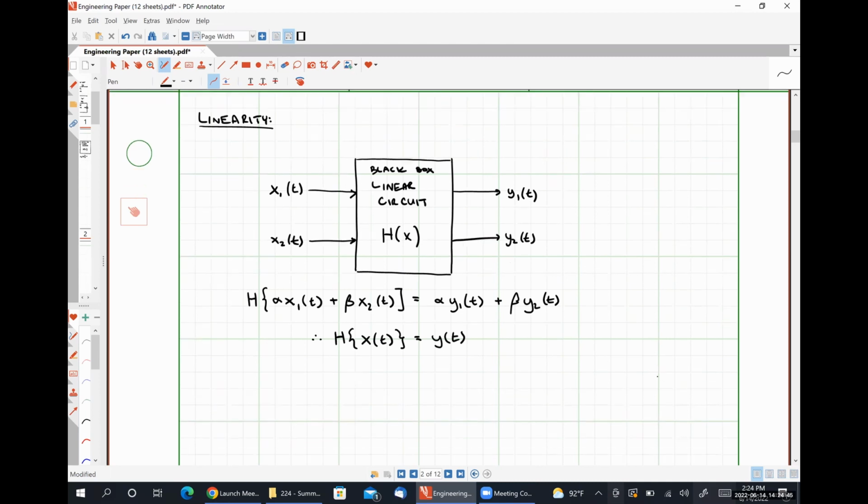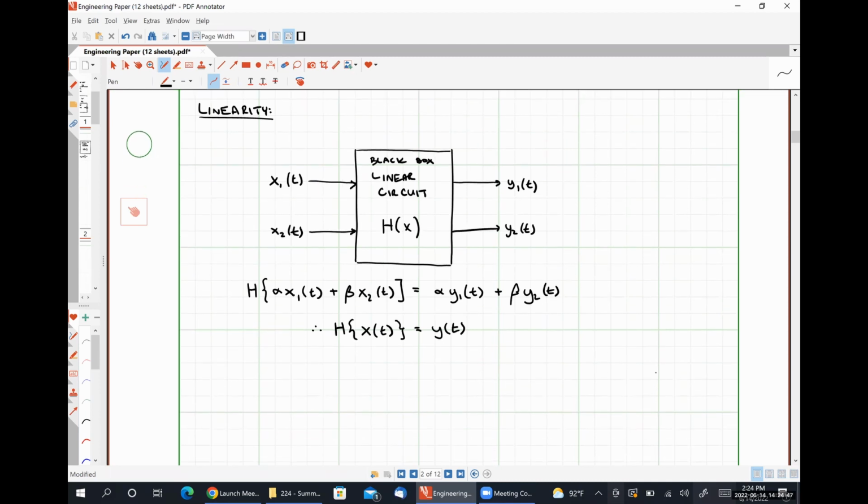This mathematical statement here, which I fully understand that the overwhelming majority of you don't follow, is really just two distinct independent properties that must be satisfied simultaneously to prove whether or not a system is linear.